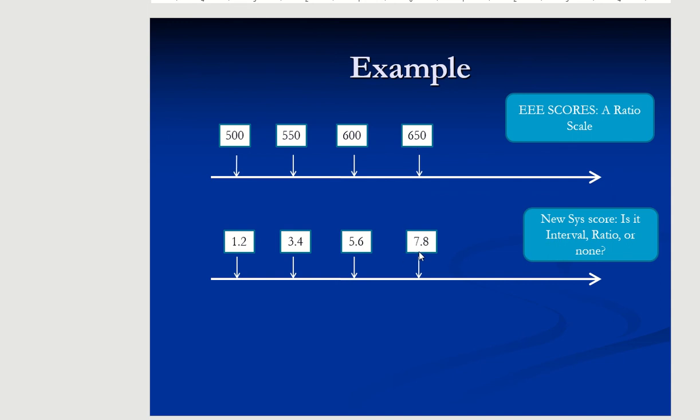The point I'm trying to make is that changing the triple E score into the new system score is not a simple multiplication or division. It's actually using something else. And therefore, the new system score is not a ratio. Remember, we said if you start with a ratio, to get a ratio, you should multiply or divide by a single value.